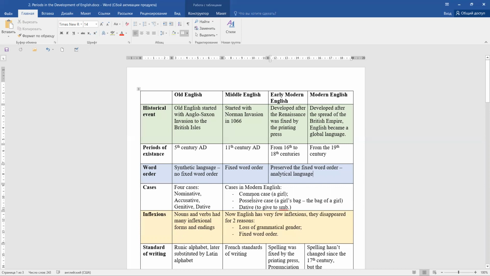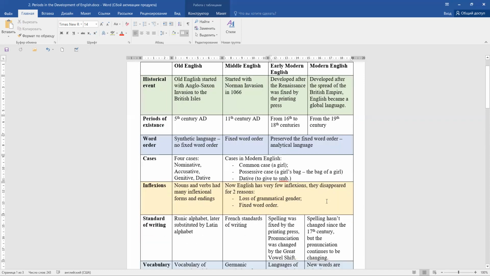When the language becomes analytical and when the word order is fixed, the number of cases lessens, there are fewer cases, and now English has very few flexions. They disappeared due to 2 reasons: loss of grammatical endings and fixed word order. So the word order became fixed.